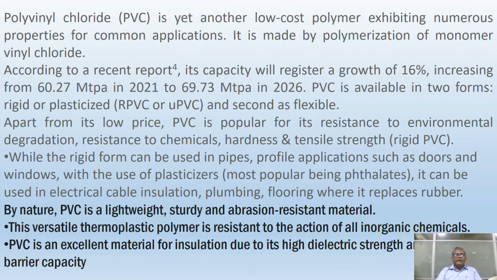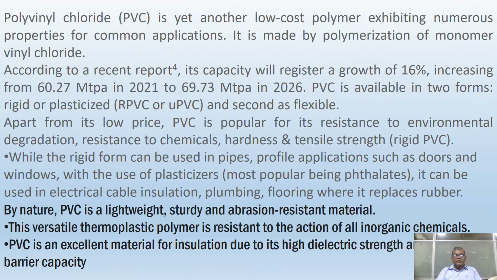Polyvinyl chloride (PVC) is widely used for transporting liquid, especially water, potable water, and then sewage pipe. For all those purposes, PVC pipes are used. By nature, PVC is a lightweight, sturdy, and abrasion resistant material.